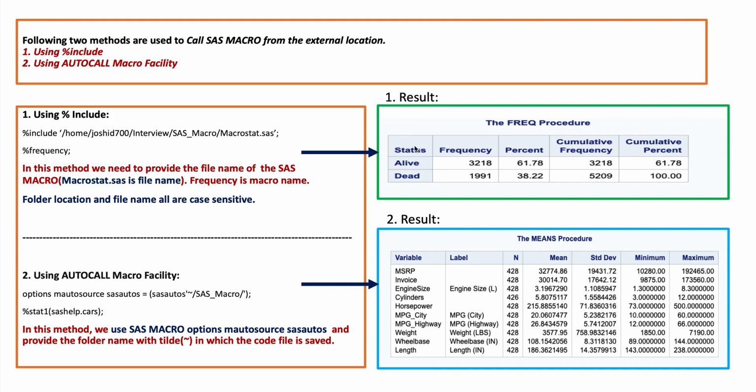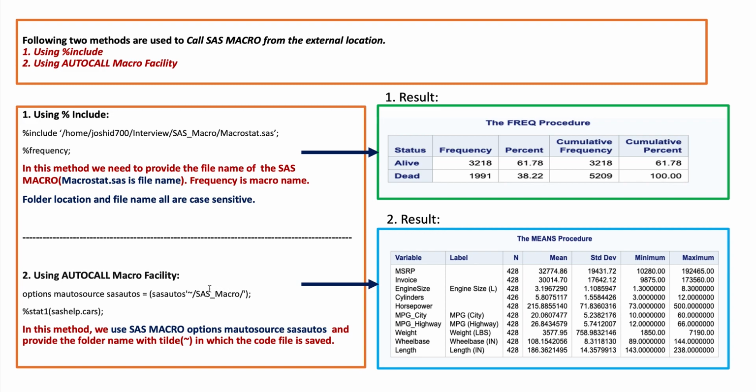Let me explain the second method. Number 2, using the autocall macro facility. In this method, we use macro options, where options mautosource sasautos equal, inside the parentheses, sasautos tilde slash SAS_macro.